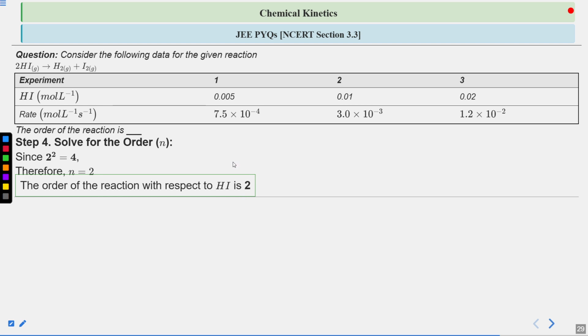I hope you understand this. As I said, 4 equals 2 to the power n, and 4 can be written as 2 to the power 2. So 2 to the power 2 equals 2 to the power n, and from there n comes out as 2. That means the order of this given reaction is 2.